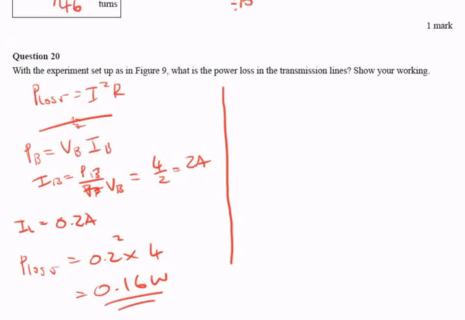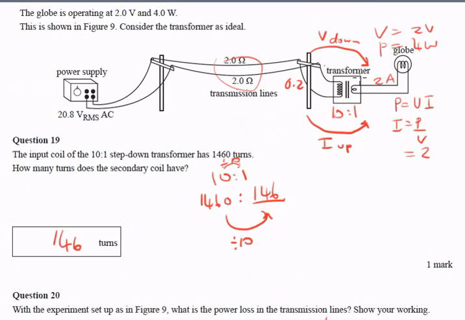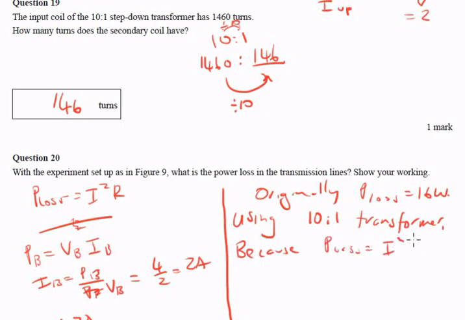There's a second way of doing it, and that is originally we had the P loss equal to 16 watts. Now we're using a 10-to-1 transformer. And because P loss equals I squared R, the squared is really important.